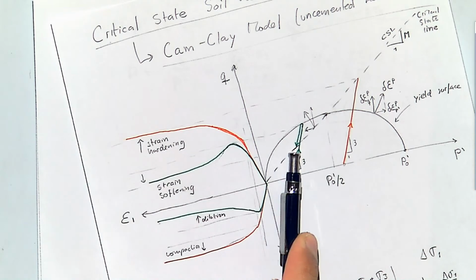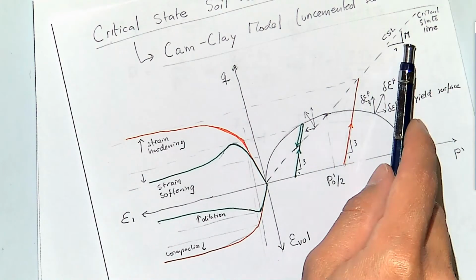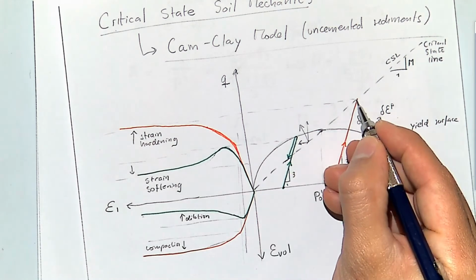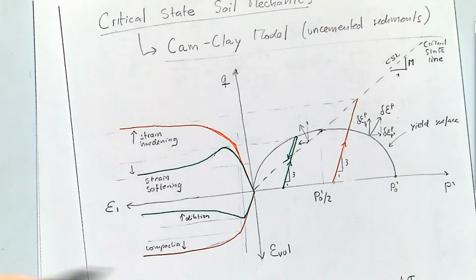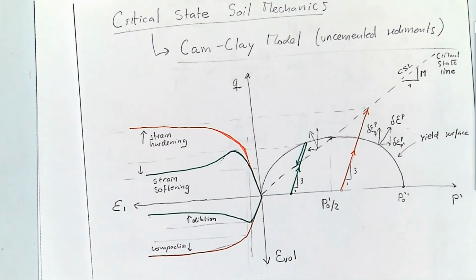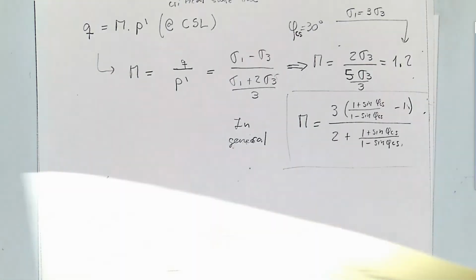It's called the critical state line because any condition after yield will tend to that line. All the states of stress will eventually land on this line, and after that it's not going to change anymore, unless you have a different confining stress.